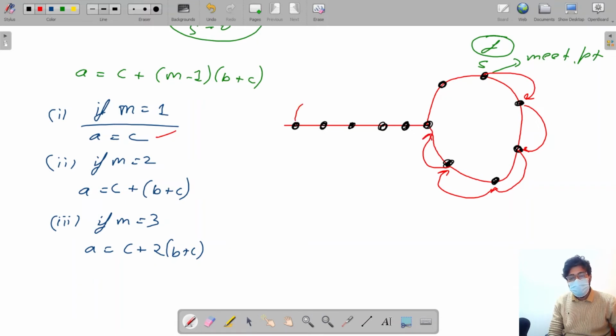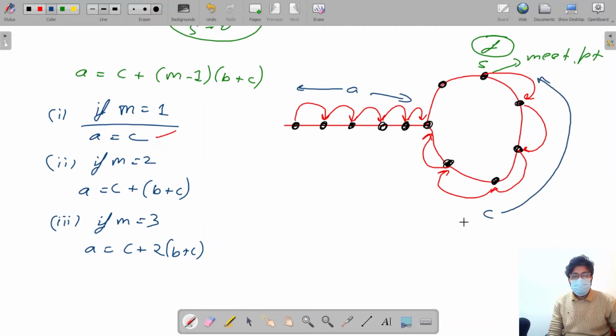Right? And count this. 1, 2, 3, 4, 5. And if you remember, this was A and this was C. So if M is equal to 1, A is equal to C.